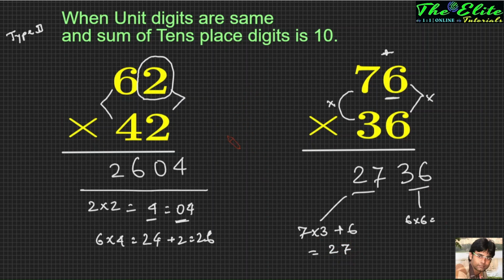Now take one example and do this. Suppose that I gave you 9 as units place digits. Suppose I give you the number like 89 multiplied by 29. Think.